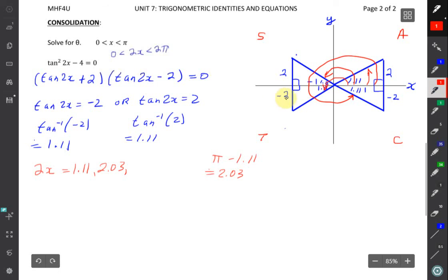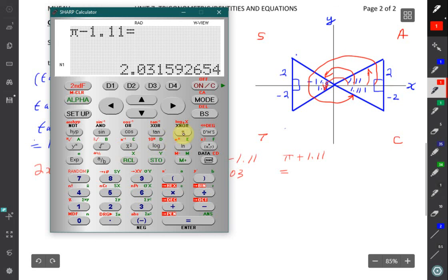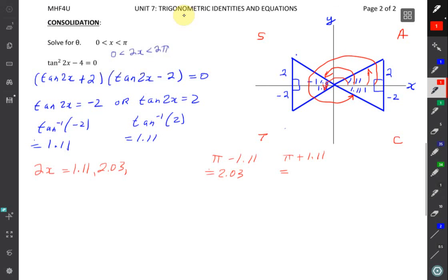Coming to this next terminal arm, we go pi around, and then we have 1.11 more. Pi plus 1.11 is equal to 4.25.